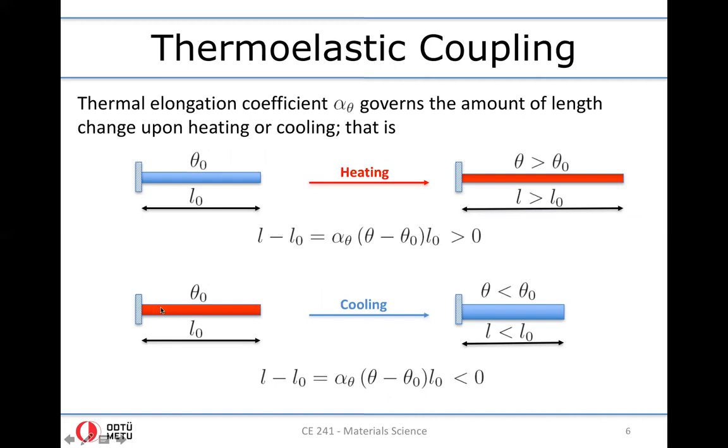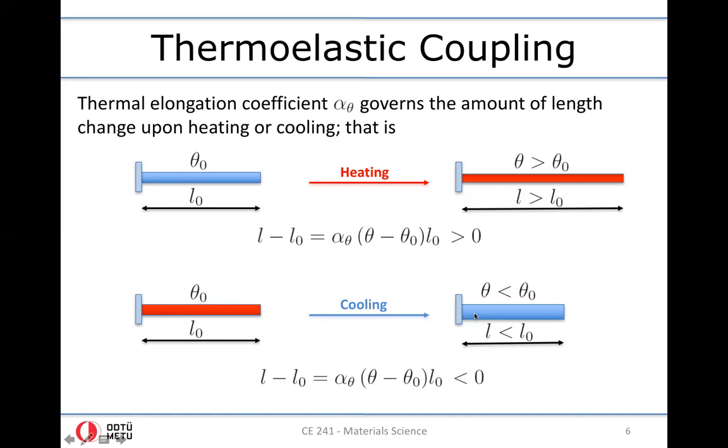If you have the same bar, whose initial temperature is denoted by θ0, when you cool it down, it would shrink, of course. In this case, thermal strain will be negative because theta is smaller than θ0. The specimen will reduce in length. Since you don't restrain the motion of this bar during heating or cooling, no stresses will develop.